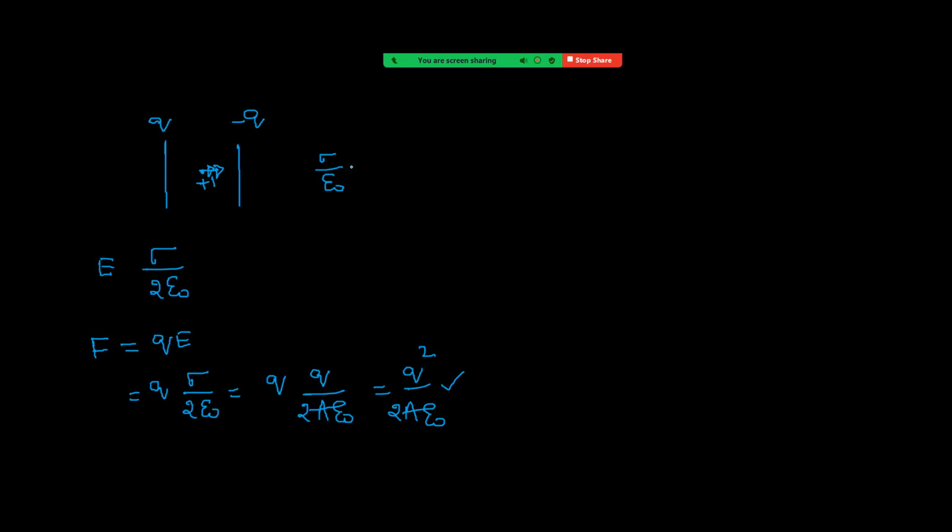That's why we got the field between the plates sigma upon epsilon naught, the sum of these two. So you should be very careful while taking the field. Here we have taken the field due to only one plate, but that one is the field due to both plates, which are supporting, both in the same direction. That's why sigma upon epsilon naught, right?